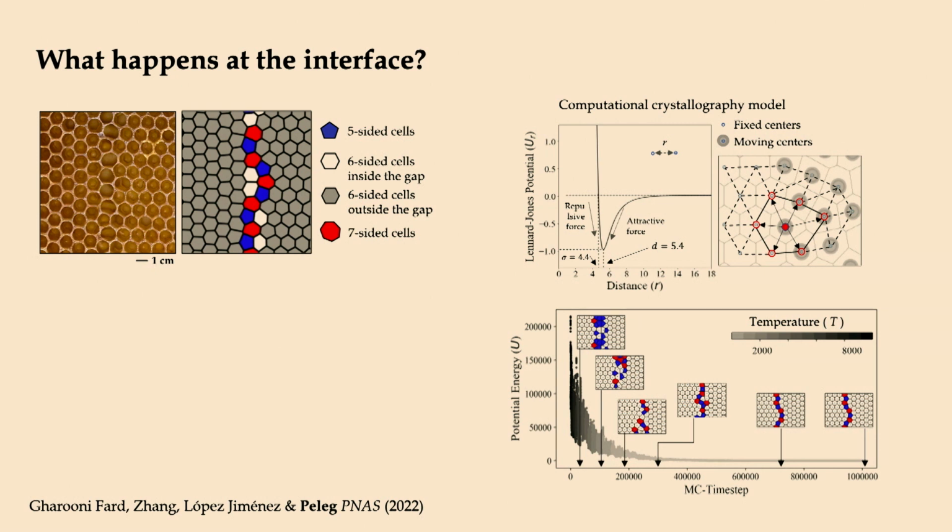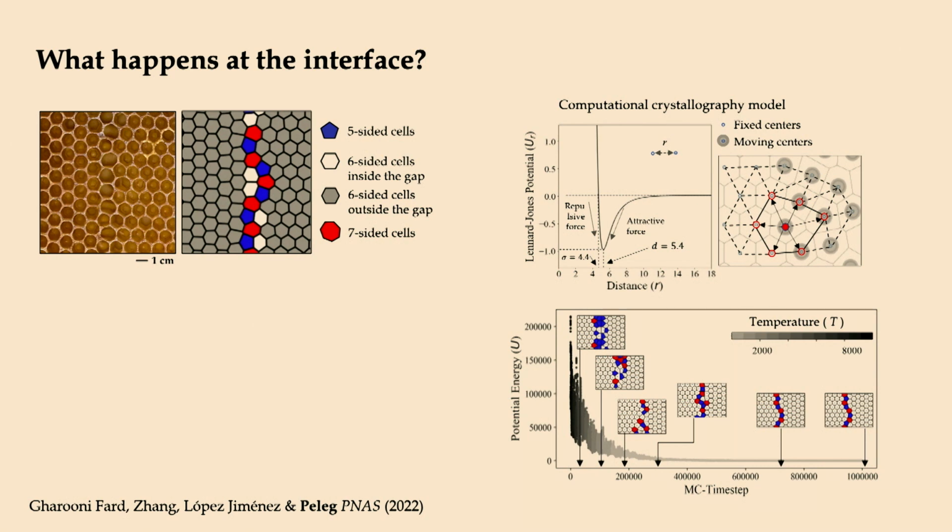Here we just ran a Monte Carlo simulation where we try to minimize the energy. So the centers of the cells are moving around. They're starting from this really energetically costly configuration, and then it converges on something similar to what we're seeing with the experiments.